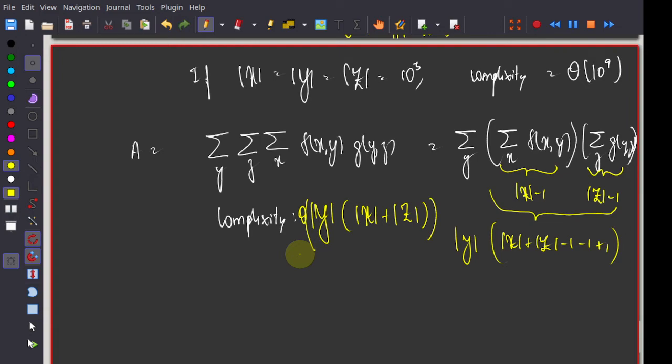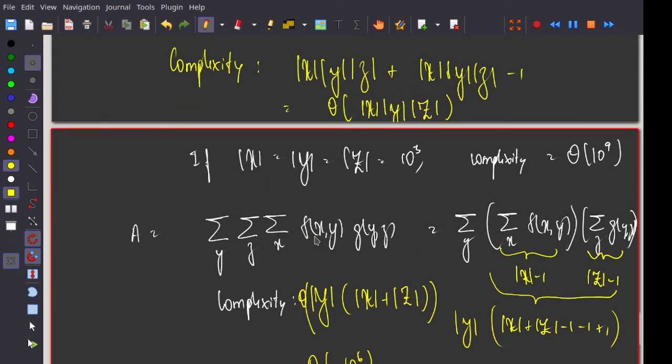So once again, if all of these have size, let's say, 10 to the 3, then the overall complexity is now some constant times 10 to the power 6, which is huge savings. And all we did was basically use the distributive law.